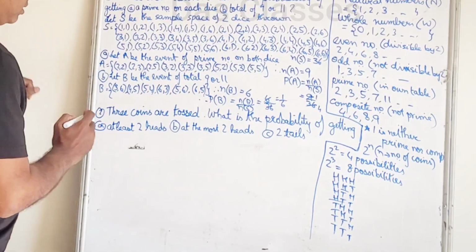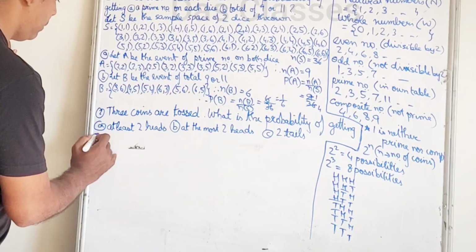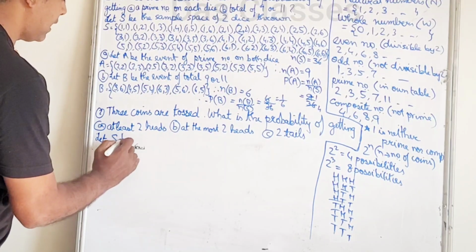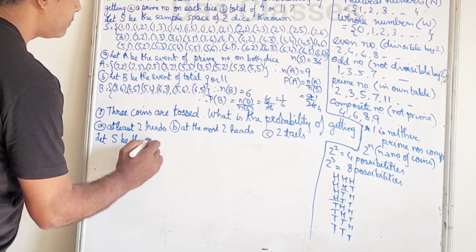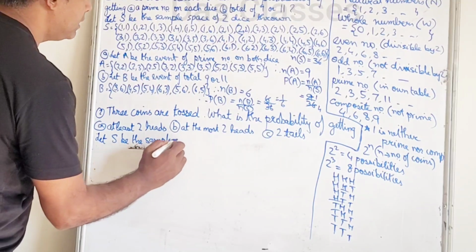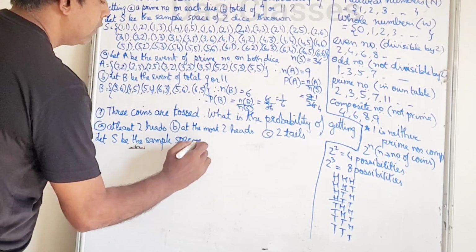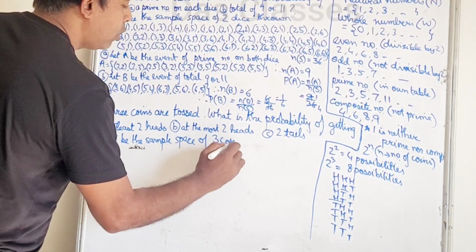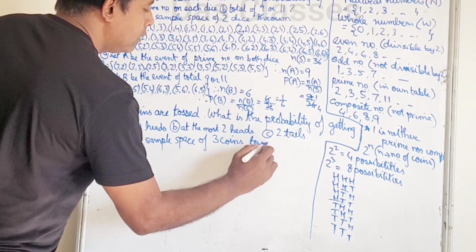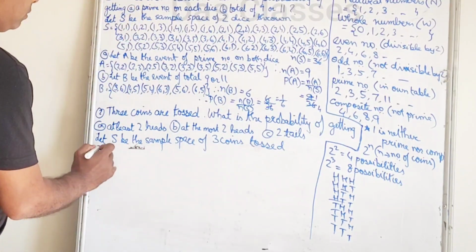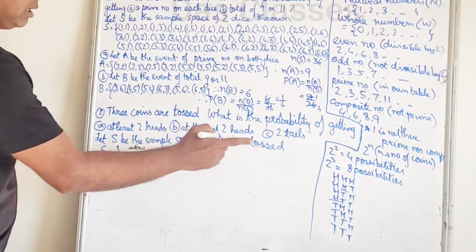The sample space is, first we always write the sample space. So let S be the sample space of 3 coins tossed. So let's write down all the possibilities.